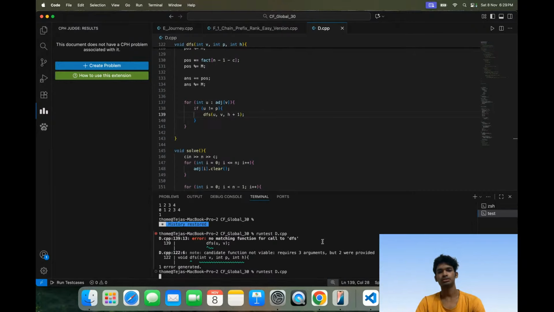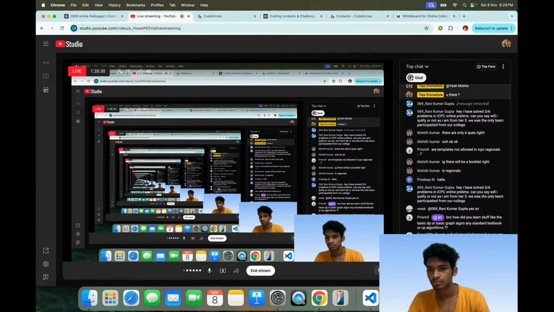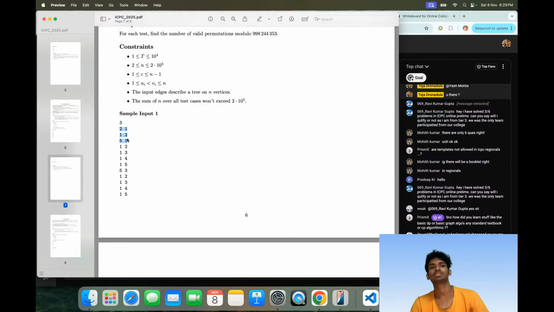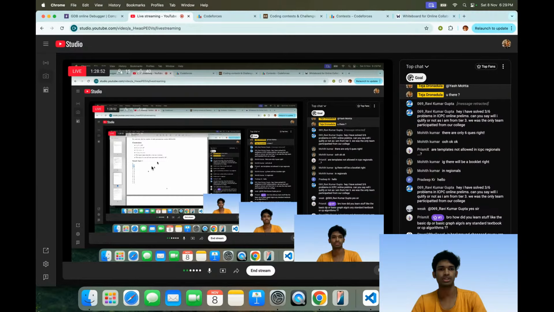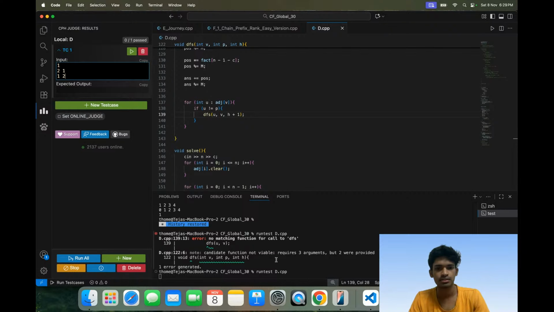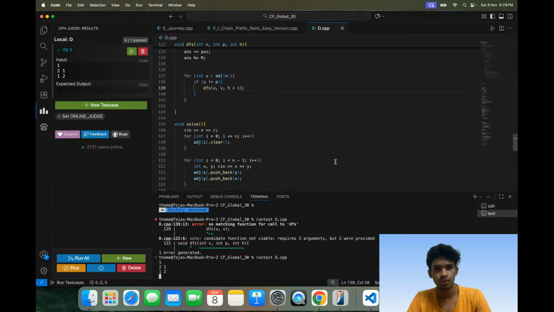So now let me test the test cases. Let's check the first test case. C is 1, N is 2. So this would be the one test case, right? For suspense, I'm adding them like that. What happened?